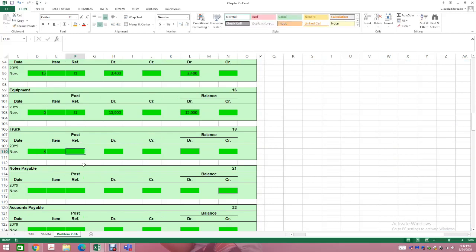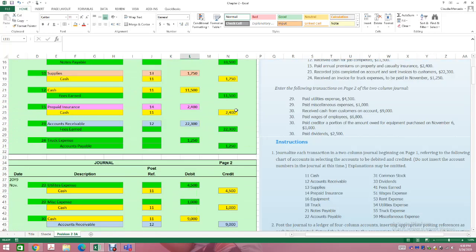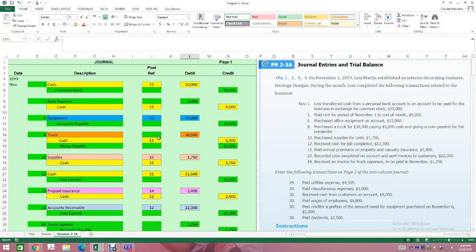That happened on journal page 1. Okay, and the amount for the truck was $38,500 debit. So that's the balance that I'm going to carry over, $38,500. Okay, and then I'm going to go back into my journal and I'm going to enter account number 18 for the truck. Okay, account number 18 for the truck.